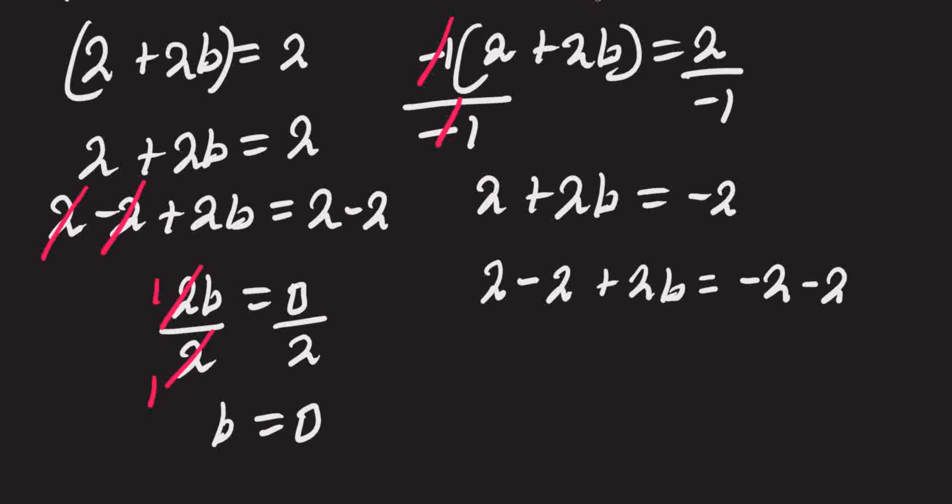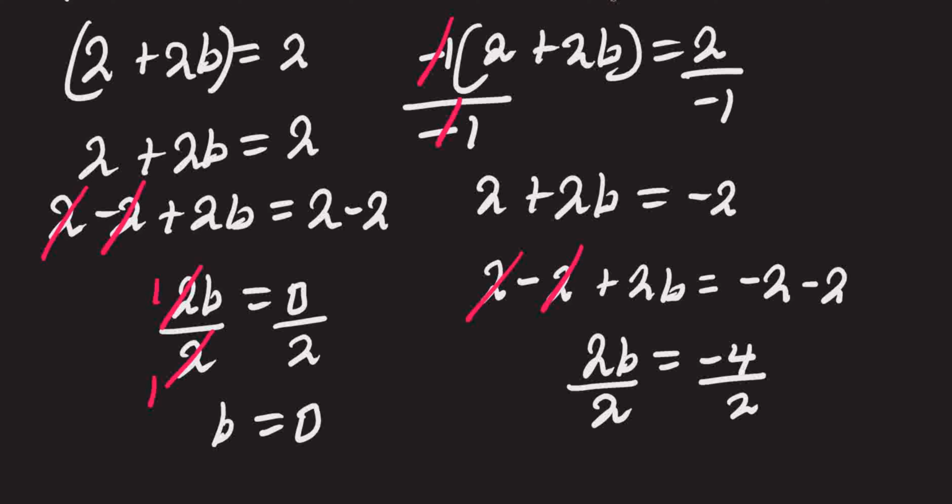So 2 minus 2 is 0. So this is out. And 2b is now equal to negative 2 minus 2, and that will give you negative 4. So we can simply divide both sides by 2.